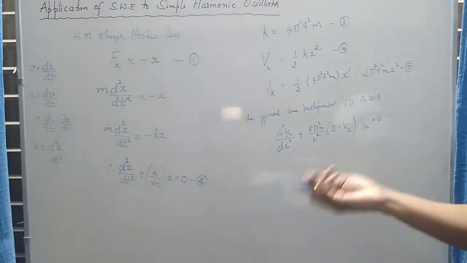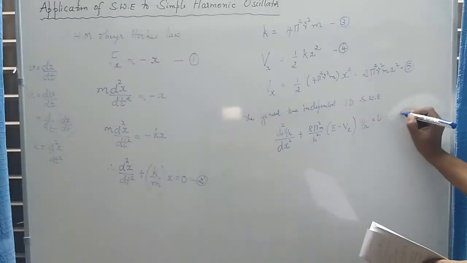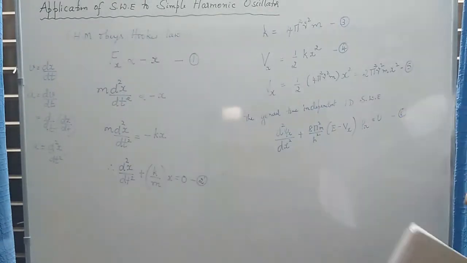Here you can write either psi of x or psi x. The meaning is one and the same. So this is the general Schrodinger wave equation.